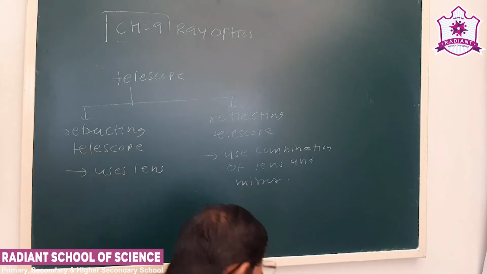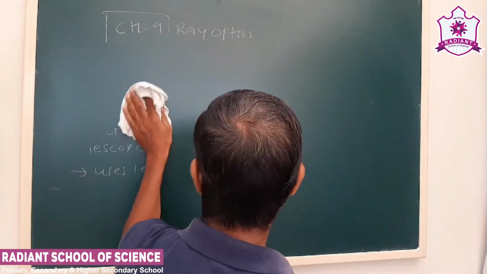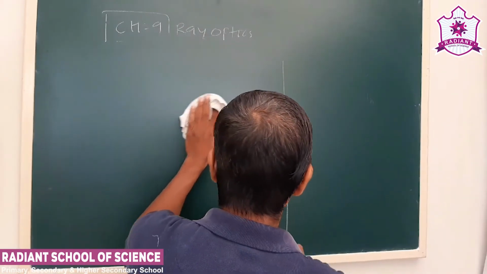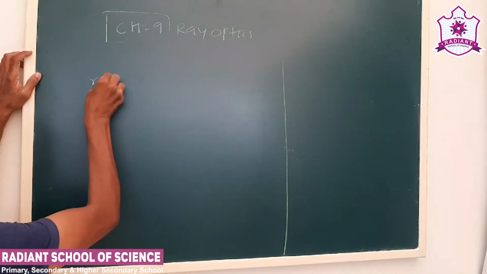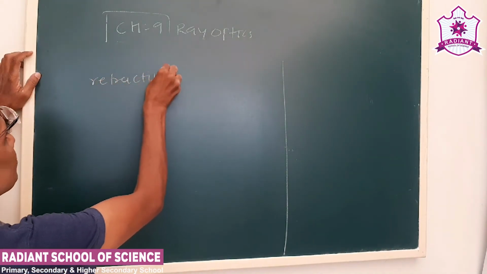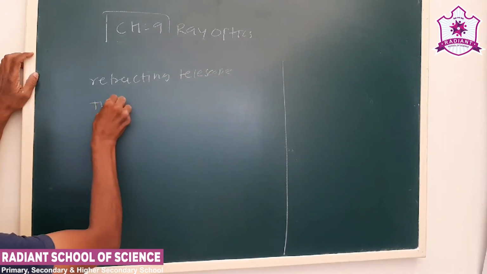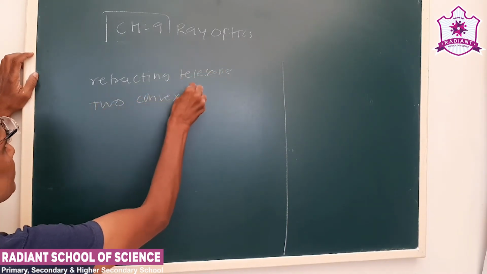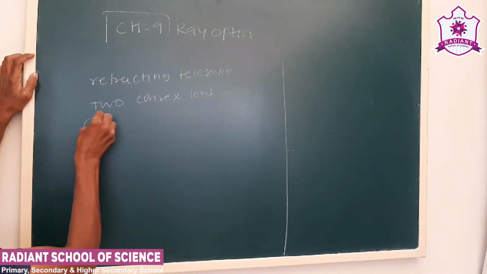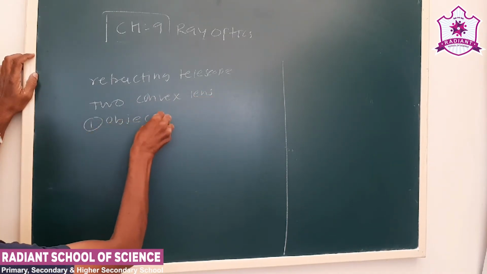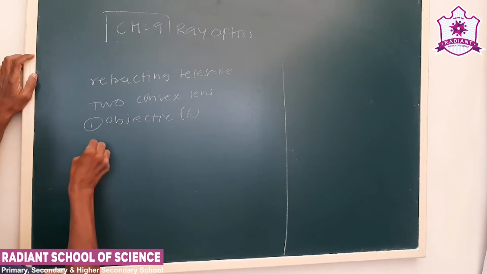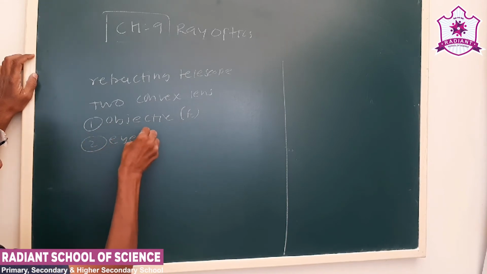Now we start with the refracting telescope. In a refracting telescope there are two convex lenses. First is the objective, focal length F0. Second is the eyepiece.